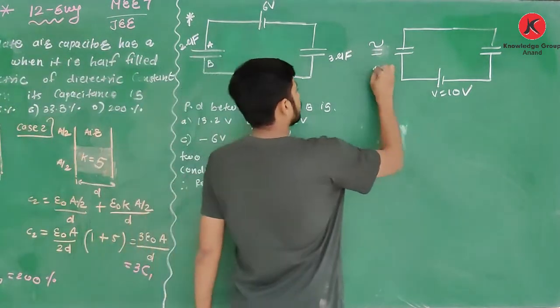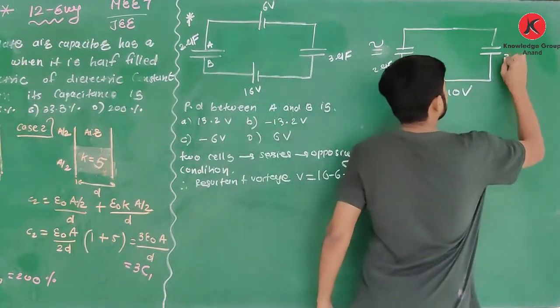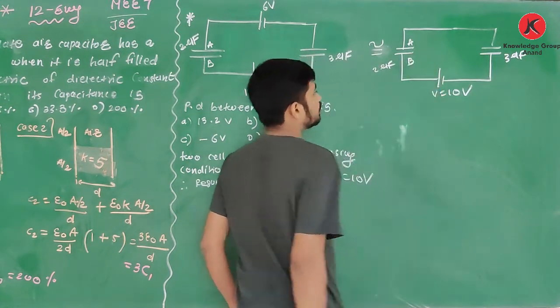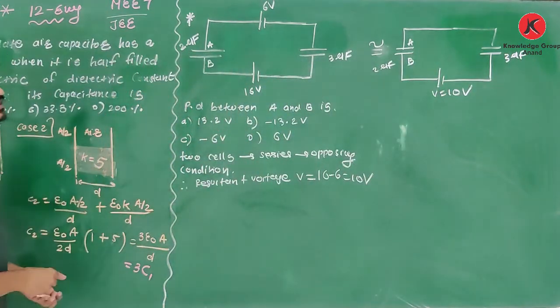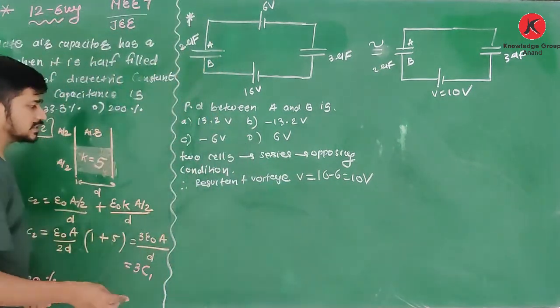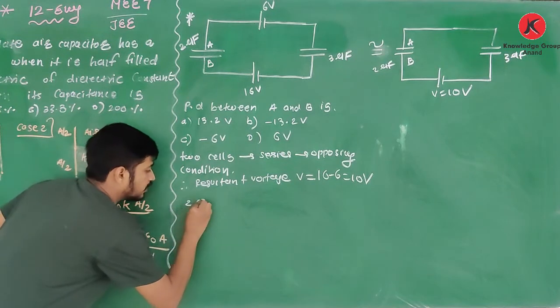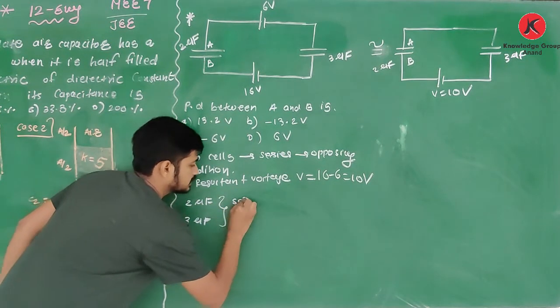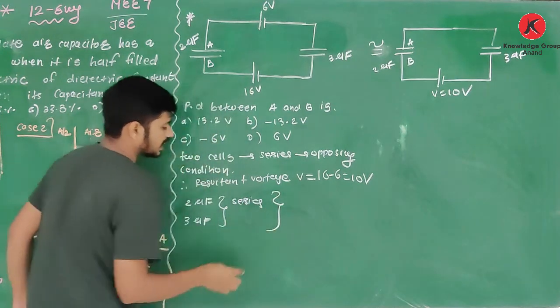It is a capacitor having 2 microfarad and a capacitor having 3 microfarad. It is A and it is B. The two capacitors, 2 microfarad and 3 microfarad, are in series connection. So what is the equivalent capacitance?